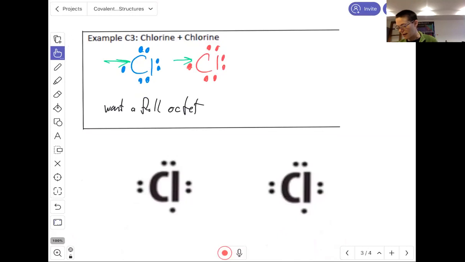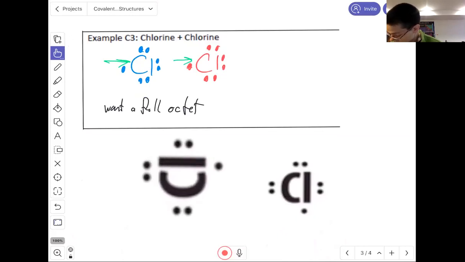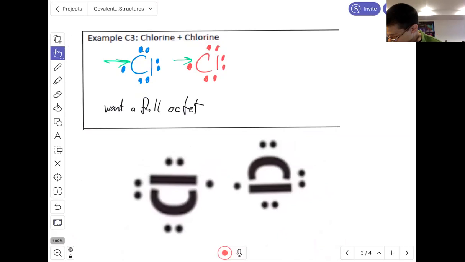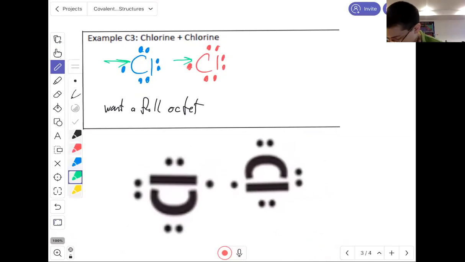There we go. Okay. So what we're going to have to do to get these guys to work is imagine, right, that they're going to flip together that way. And now that's my bond, right, with a pair of electrons in there that are shared.